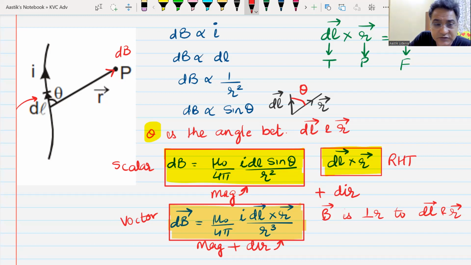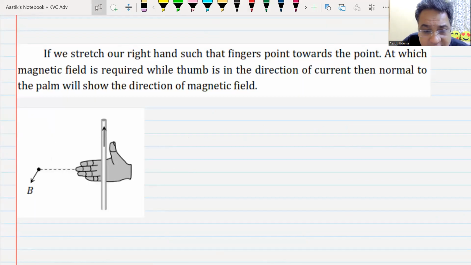Remember this? Just to give you an example of a magnetic field created by a long wire, how can we find out the direction of magnetic field? If this is your long wire, it carries current like this, it's given in your book. So I place my thumb pointing in the direction of current.